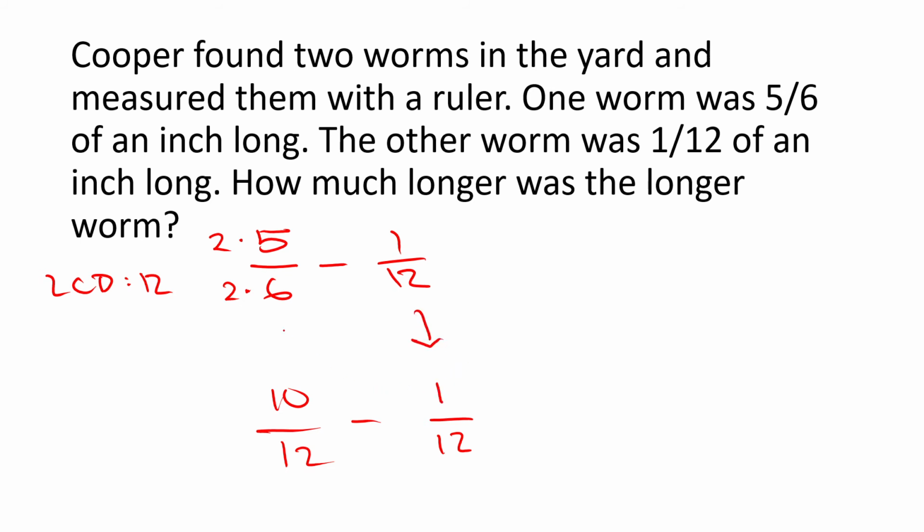So we have 10/12 minus 1/12. Now we subtract 10 minus 1 all over 12. 10 minus 1 is 9, and we keep the denominator the same, 12. So we have 9/12, or 3/4 if you want to simplify the fraction even more.